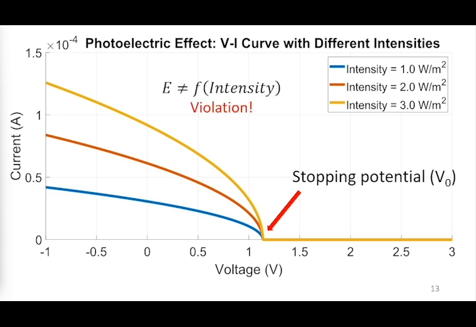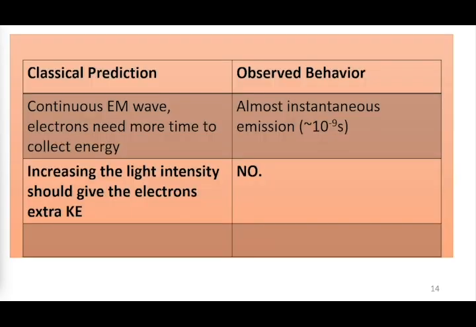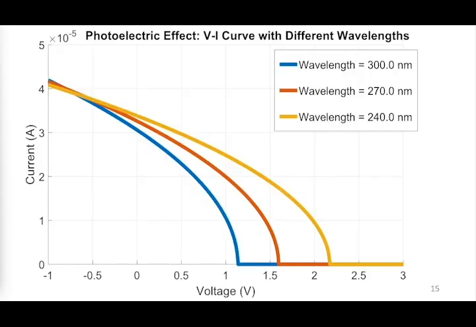So we can say that the kinetic energy of the electron is not a function of intensity anymore, which is a violation of the classical point of view. So increasing the light intensity should give the electrons extra kinetic energy, but the observed behavior says it's not the case anymore.